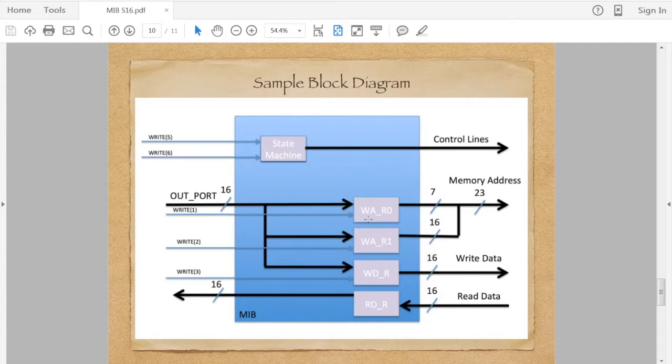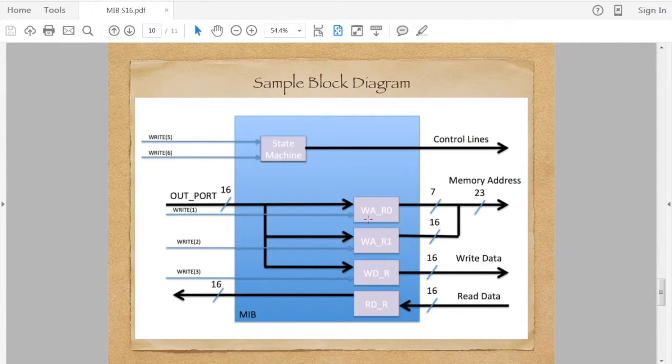So the design is comprised of basically these simple blocks. On the lower right, we see two registers, WA R0, WA R1. That's write address R0, write address R1. One of which will provide 7 bits to the address, the other will provide 16.